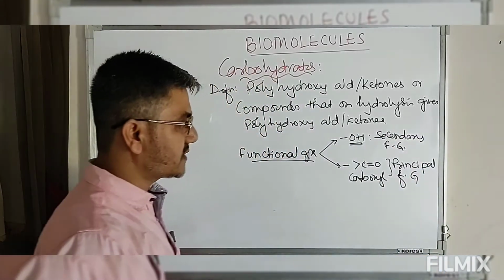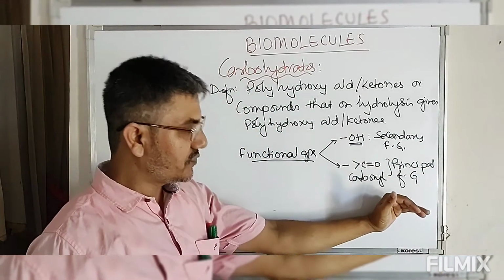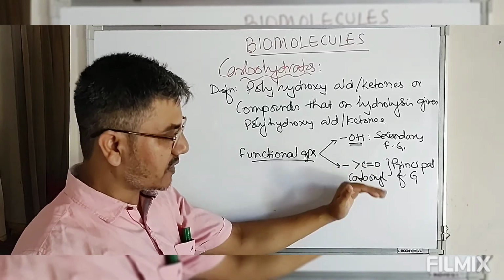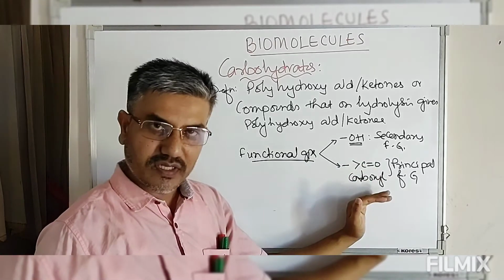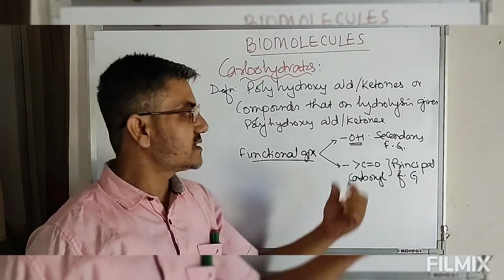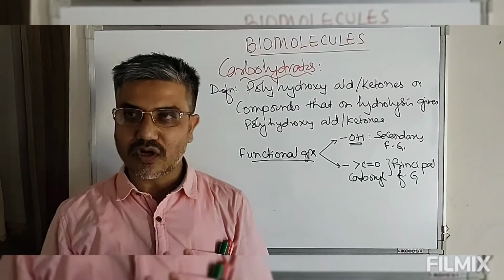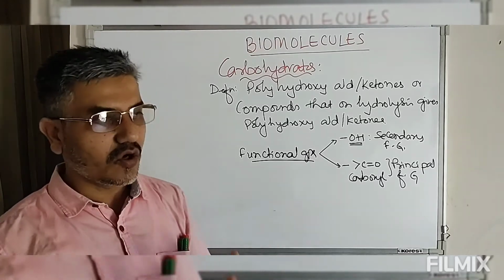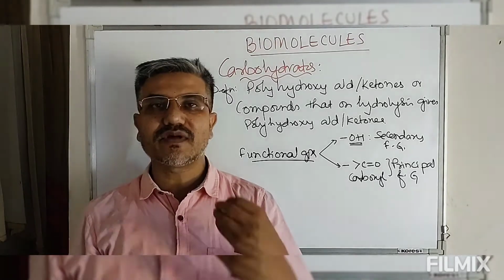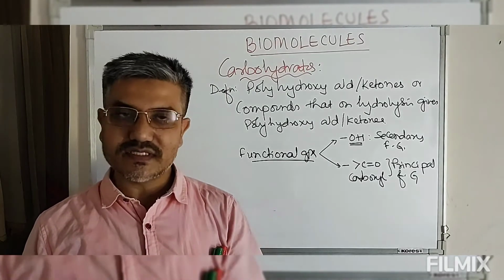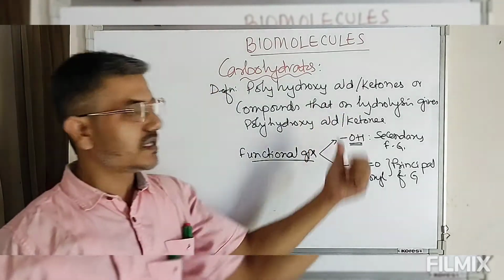So we have this principal functional group, that is the carbonyl group, that is aldehyde or ketone, whereas the secondary functional group is the alcoholic group. Now these alcoholic groups may be primary or secondary, or we may have both primary as well as secondary alcoholic functional groups present in the carbohydrates.